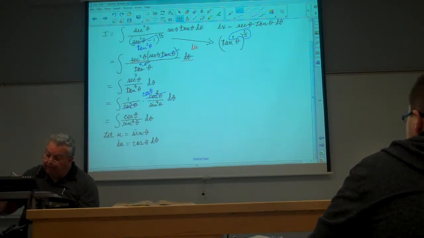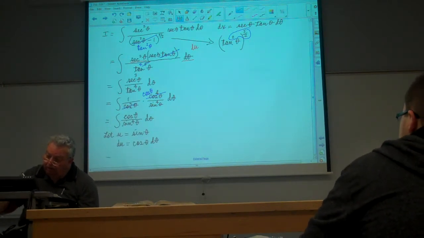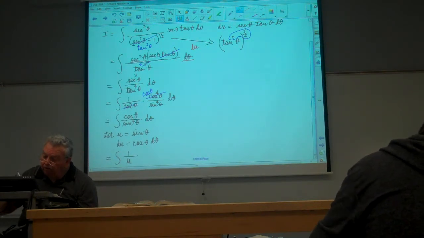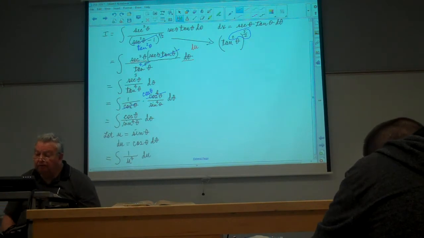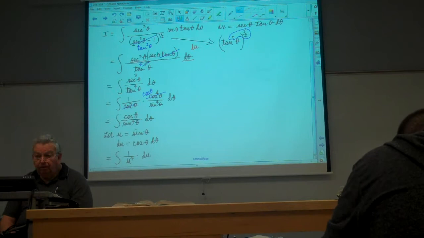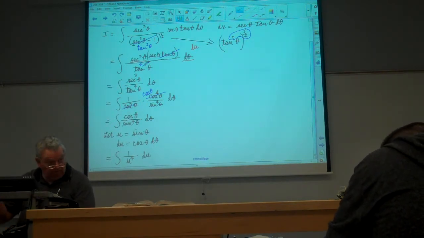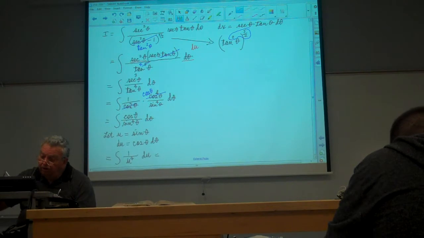So this then is equal to the integral of 1 over u to the 4th du. Everybody, is that right? Everybody okay with that?